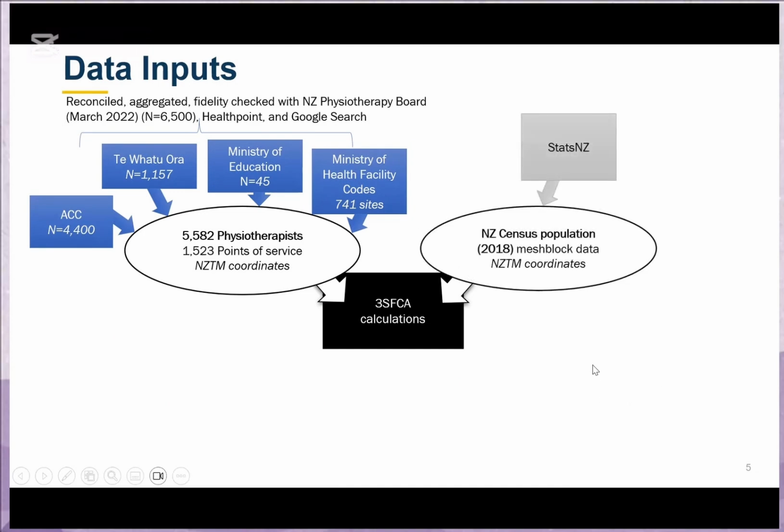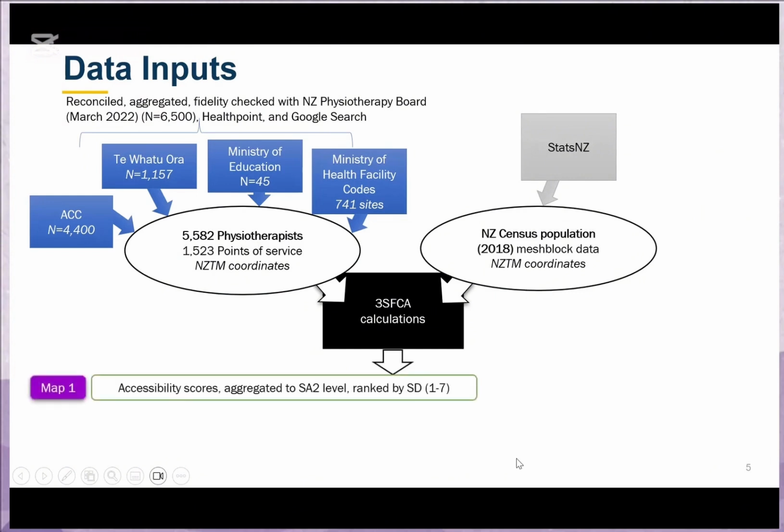Population data was drawn from Statistics New Zealand. So the accessibility scores derived from the three-step floating catchment area method were then ranked to 7 levels based on the standard deviations and formed the data for the first distribution map.